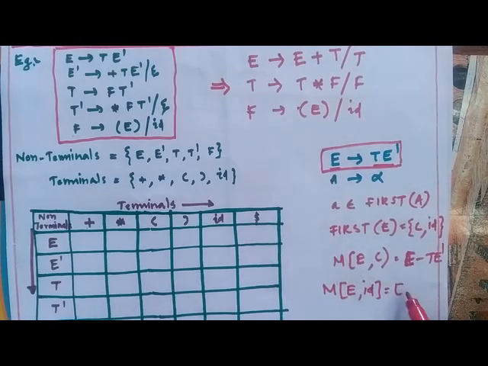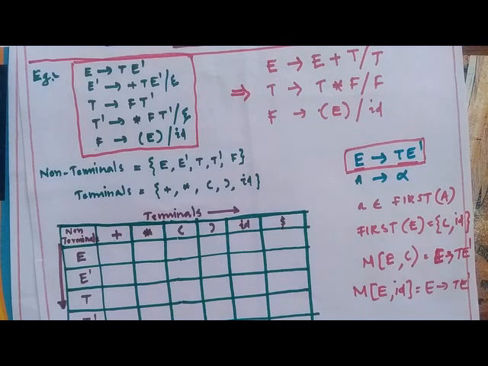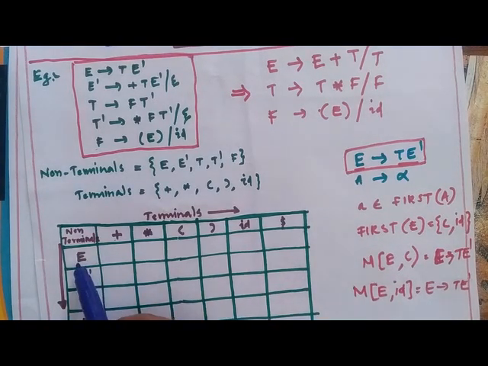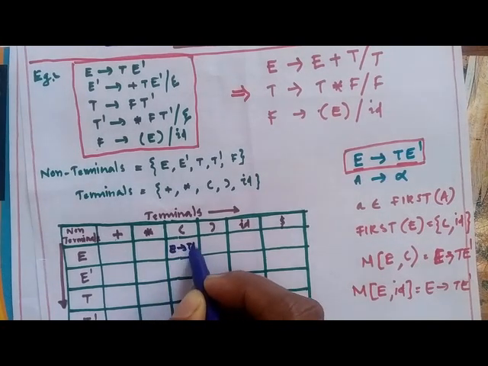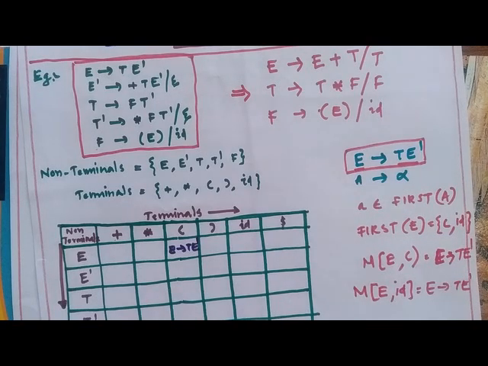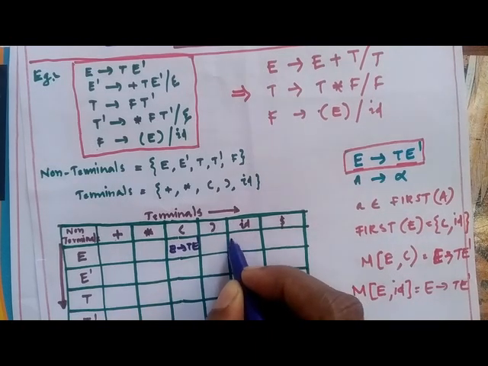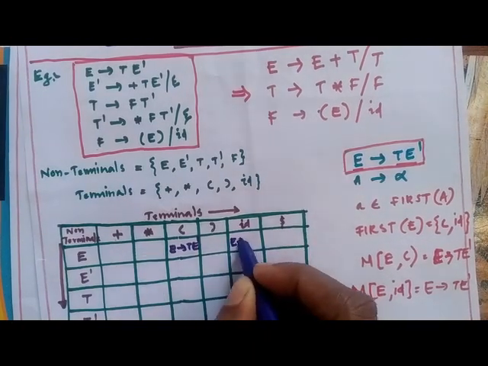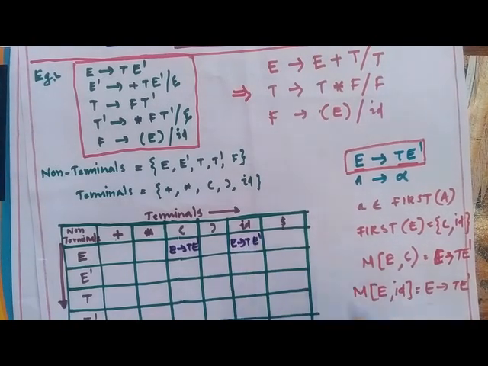So I will add here, under left bracket, E gives T E dash. Similarly, under ID, we will add E gives T E dash.